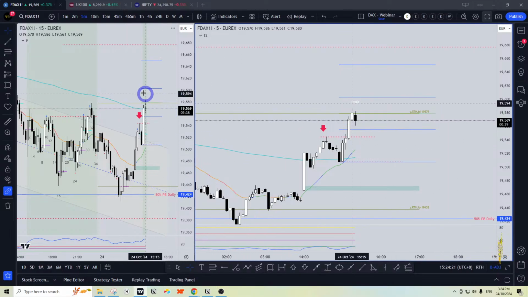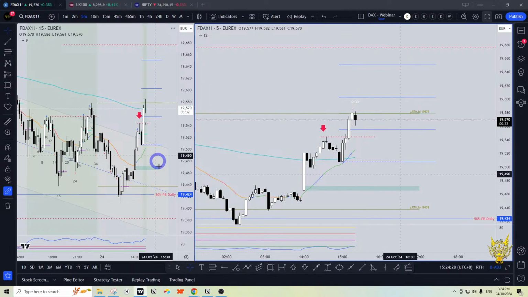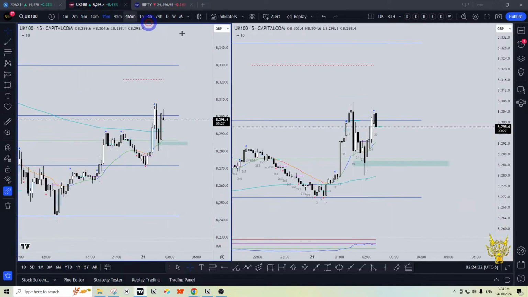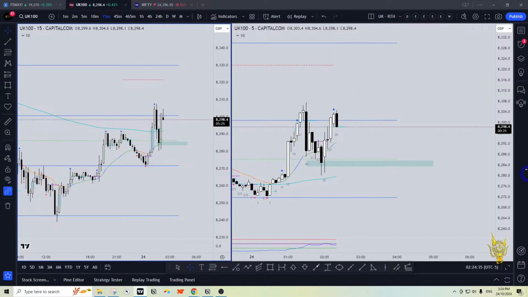In 40 seconds, can the bulls get consecutive bull bars on the 15-minute chart? That's what they really want. Get out of this channel. On DAX, and then the secondary sell in FTSE.